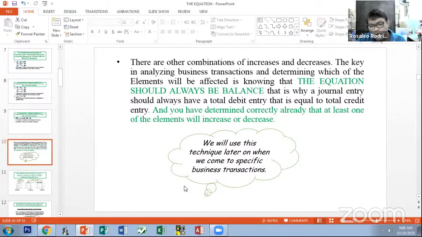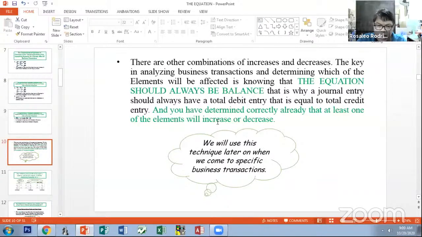And you have determined already correctly that at least one of the elements will increase or decrease. So it's very important that in the analysis of the transaction, you determine which of the elements will increase. And it's not difficult, because when we speak, for example, of acquisition of asset, certainly we can conclude that there is an increase in the asset.